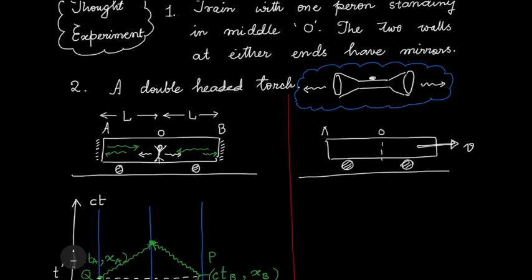Everything else, I label as O, A, B again. And obviously the same experiment is being done. What is happening physically is not different. It's just looked at by the observers who are stationary on the track. So now again different observers will measure different things, but it's now measured by these observers.